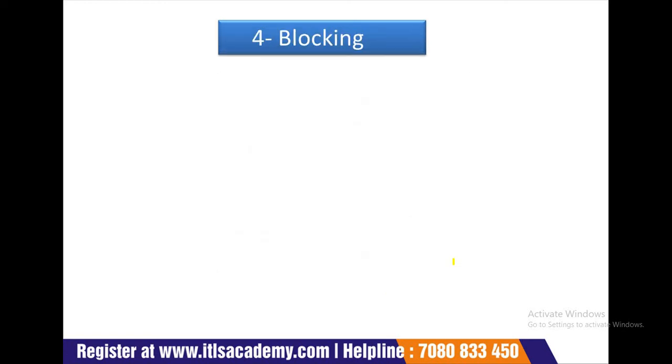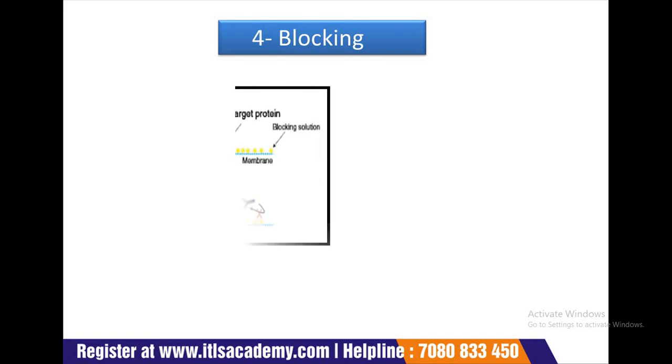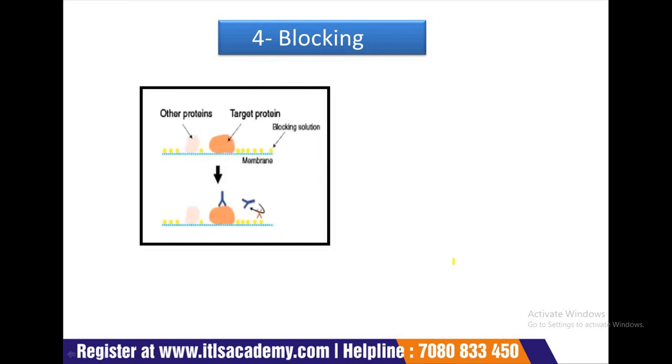Next is the blocking process. The blocking process is a very important step in the Western blot to prevent antibodies from binding to the membrane non-specifically. The most commonly used blockers are BSA and non-fat dry milk.